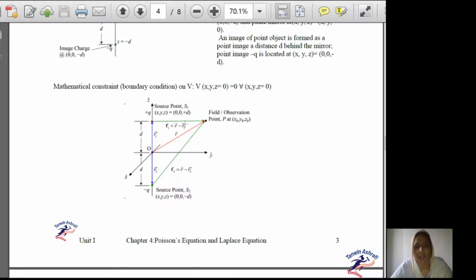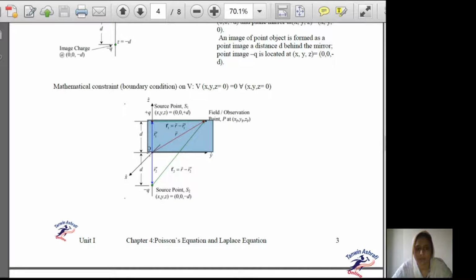Now, if we draw the position vectors from the origin O, there is an r vector, the position vector for the point P, and there are two more vectors, r1 and r2, from the positive charge Q and the negative charge minus Q. Now, this r1 vector is the summation of the r1 prime vector from the origin O to the positive charge Q, and minus of this r vector, the position vector of the point P. With the help of this triangle, the r1 vector is equal to r vector minus r1 prime vector.